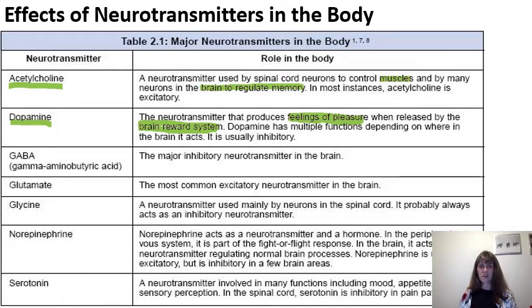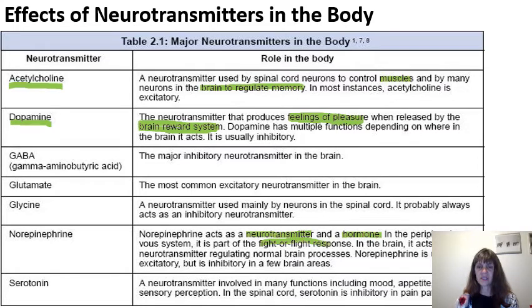With norepinephrine, we know that it acts as a neurotransmitter. Norepinephrine is also a hormone. When you get to the endocrine system, you will learn that the nervous system and endocrine system are intertwined. In the peripheral nervous system, we've already seen that norepinephrine is part of the sympathetic nervous system fight or flight response.